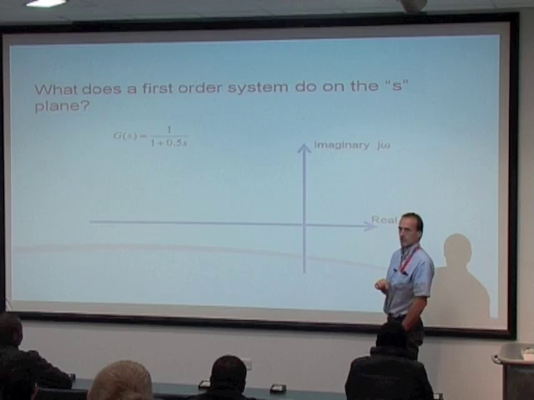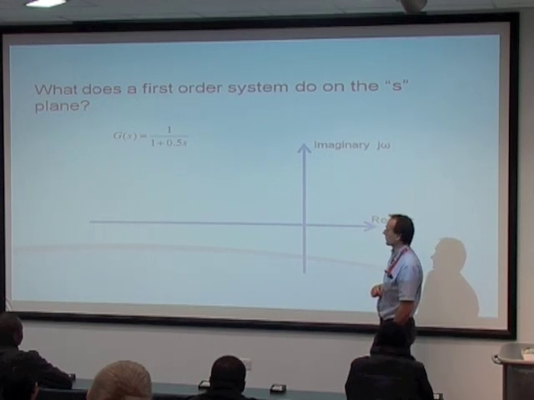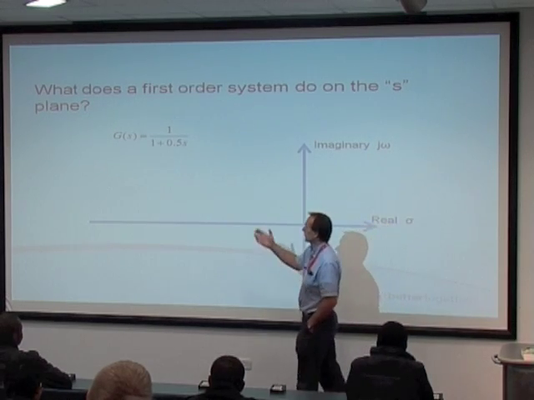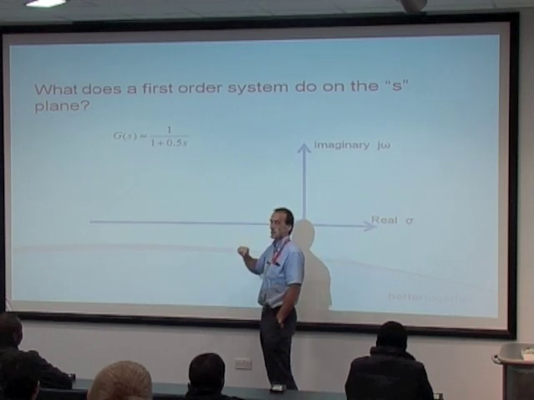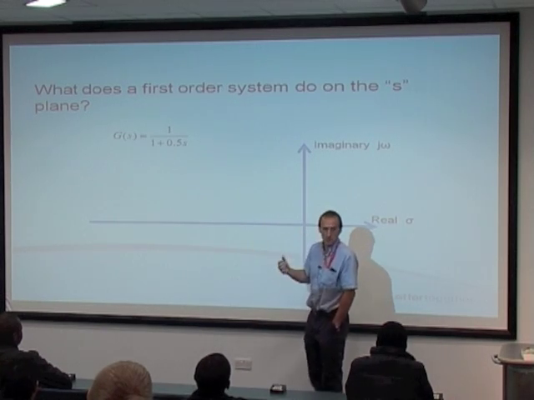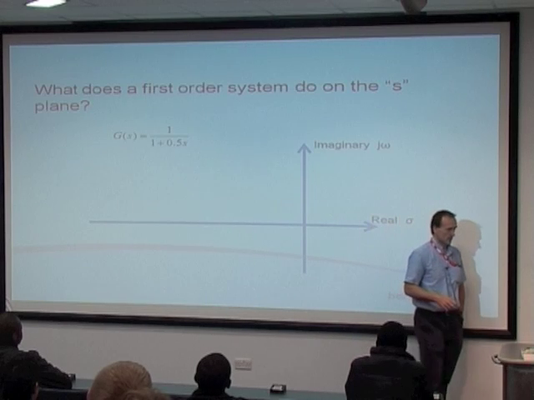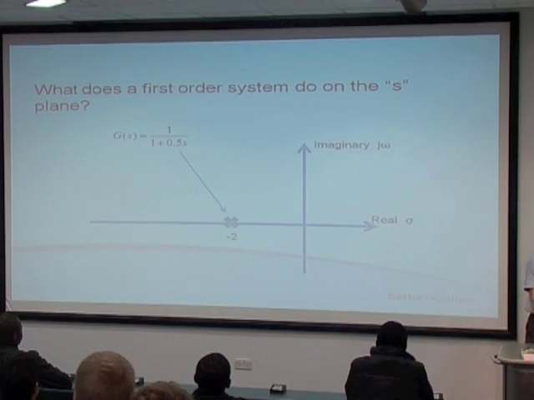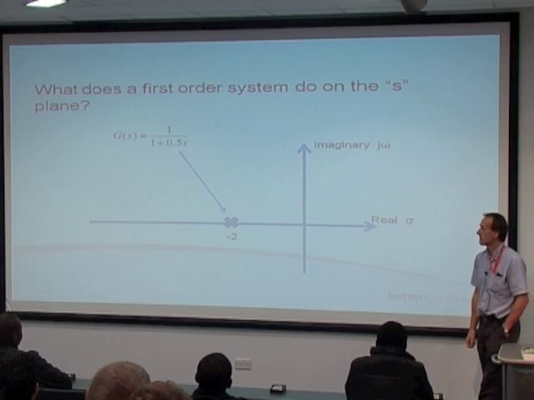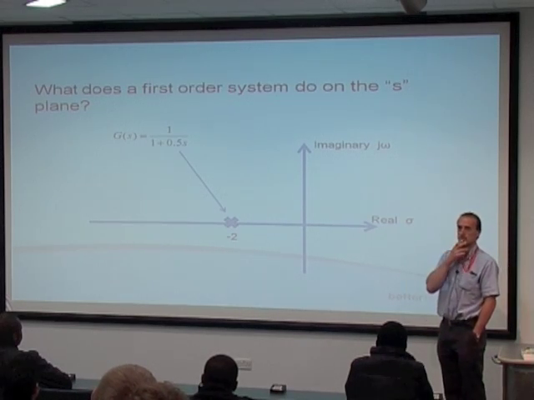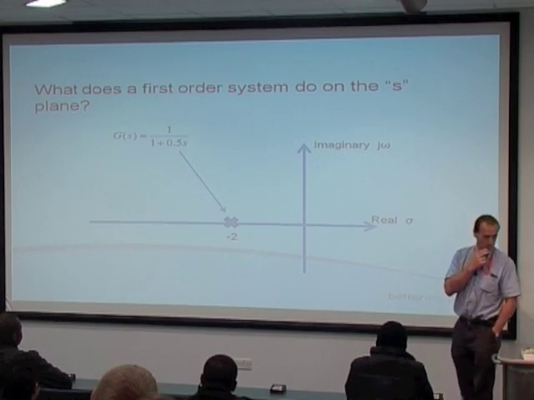So if I was to make the value of s minus 2, my denominator would become 1 plus 0.5 times minus 2, 1 minus 1 equals 0. So that's my system pole. So it's down there. It's as easy as that.